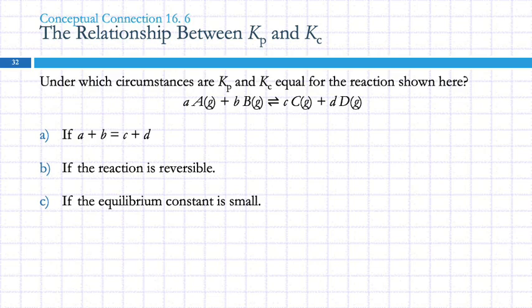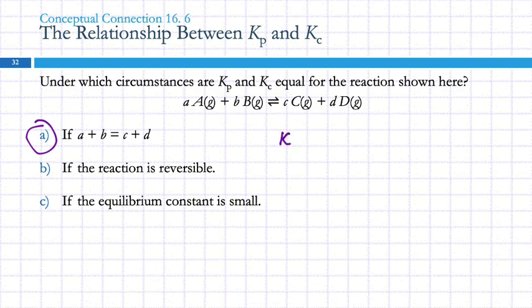Okay. Under which circumstances are Kp and Kc equal for the reaction shown here? A plus B equals C plus D: if the reaction is reversible, or if the equilibrium constant is small. It's going to be A, right?